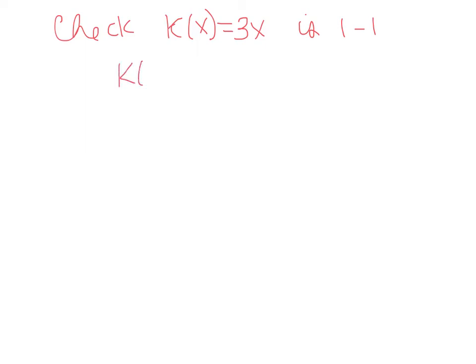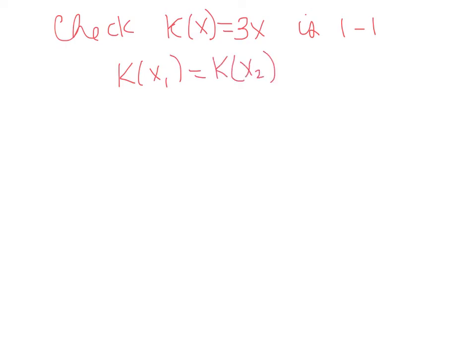We're going to look at another one. So check if k of x is equal to 3x is 1 to 1. So we're going to set k of x1 equal to k of x2.